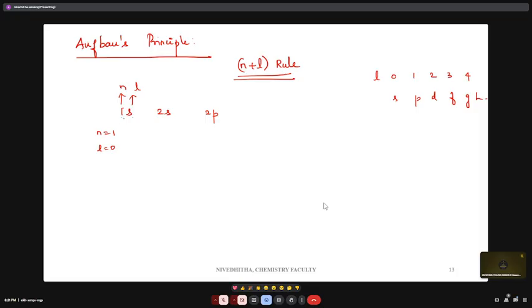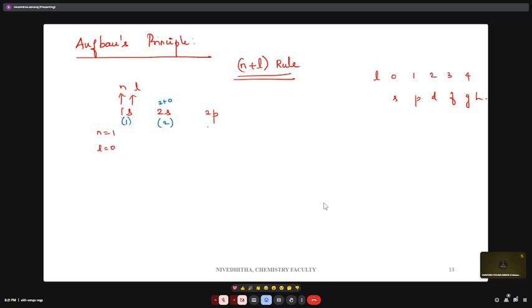n plus l is 1 plus 0, which is 1, right? What is the n plus l value for the 2s orbital? 2, ma'am. Yes, because it is 2 plus 0, which is 2.